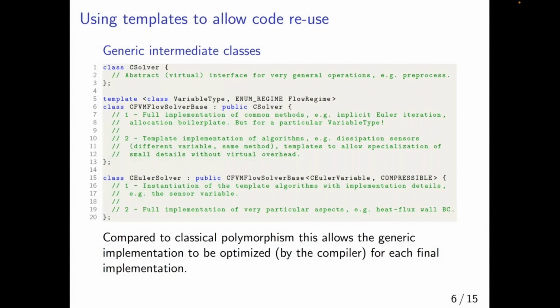Or there's a lot of things in common between computing the time step for the compressible and incompressible solvers. So we can have generic implementations of those methods, and then allow the derived classes to instantiate those methods or those functions with the implementation details. So this pattern allows the derived classes to specialize generic implementations.